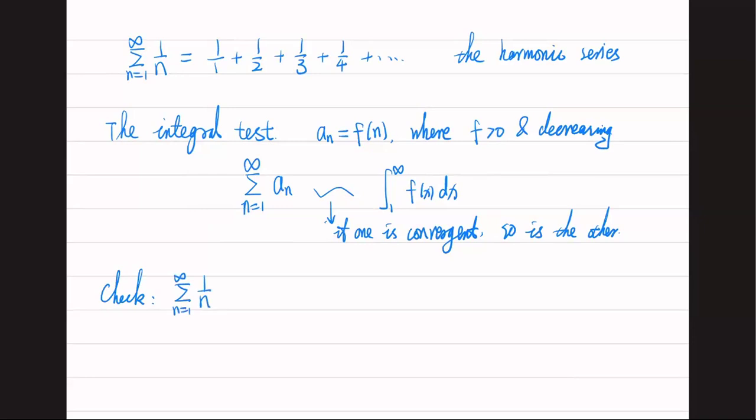For this one, we should guess a function. a_n is 1 over n. What will be our function? Some function that is positive and decreasing whose value at n is 1 over n.